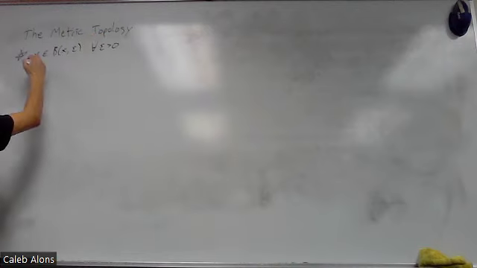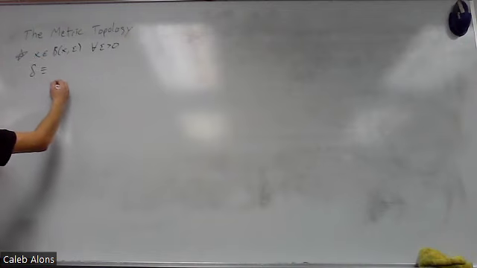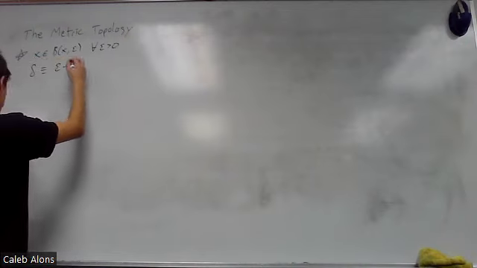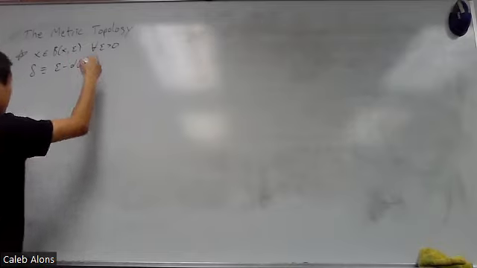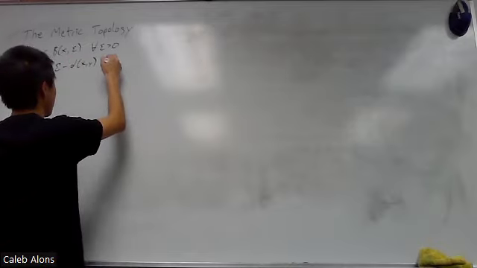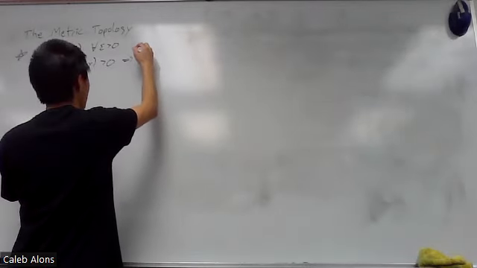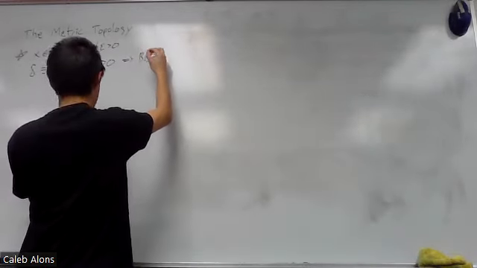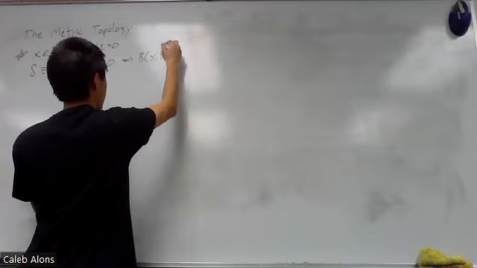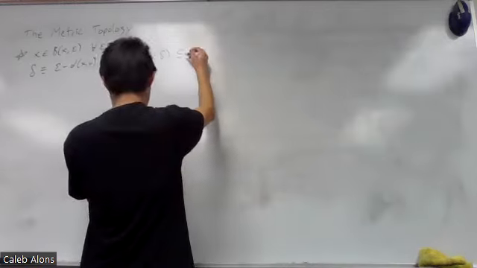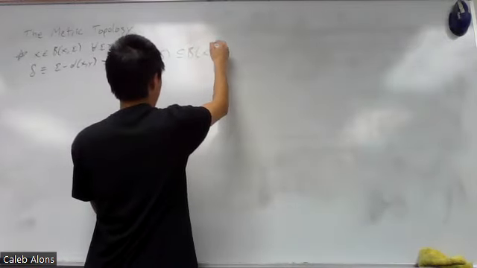And then if we define delta as epsilon minus d(x,y), which is going to be positive, then the ball with y and delta, where delta is kind of like the radius of that ball, will be a subset of the original ball with x and epsilon.